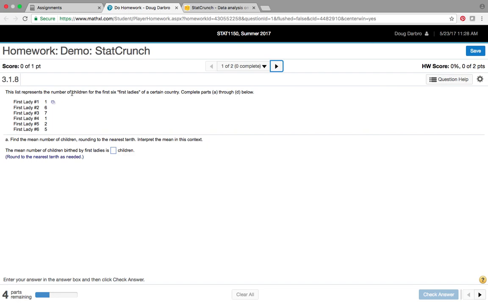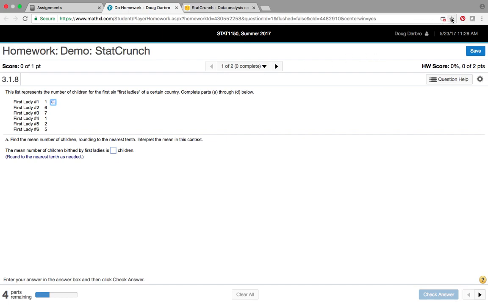Now, this list represents the number of children for the first 6 ladies of a certain country, complete parts A through D. So I got some numbers here. In my StatLab, it makes it really easy to import this into StatCrunch. So if I click this, it's going to let me open this up in StatCrunch.